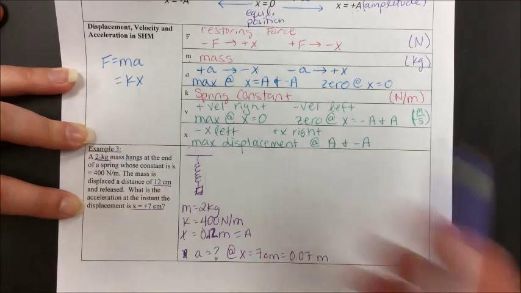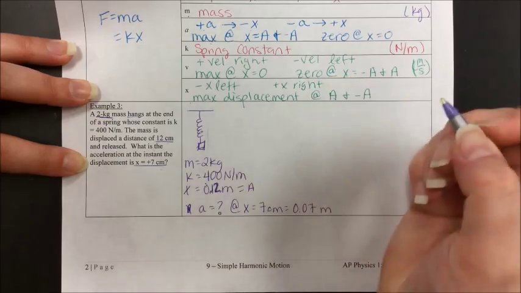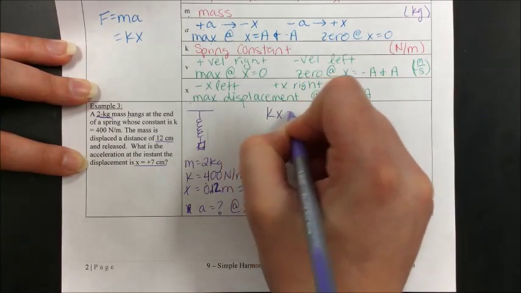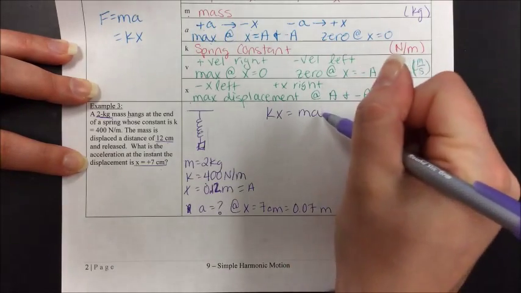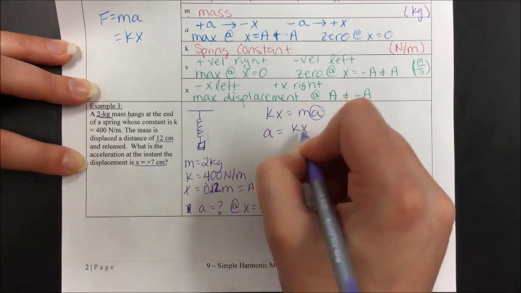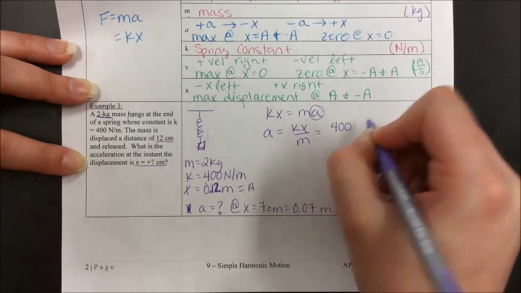Based on our formula that we used up here, we know that our restoring force equals the force on the spring, so kx equals ma, and we are looking for our acceleration, so we rearrange our formula and we can plug in and solve.